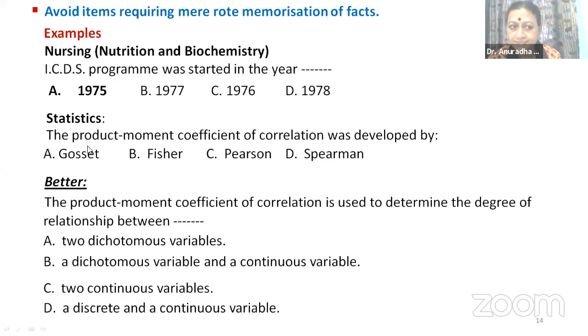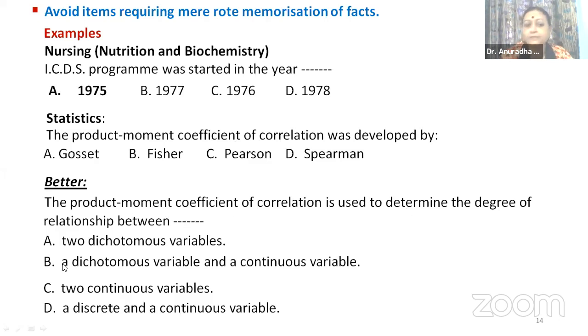In a course like statistics, a question like: the product moment coefficient of correlation was developed by Gossett, Fisher, Spearman, or Pearson. Yes, undoubtedly, the students should know the name of the person who developed the product moment correlation coefficient method. Pearson is important, but more important possibly would be an item like this. What does the product moment coefficient of correlation give you?